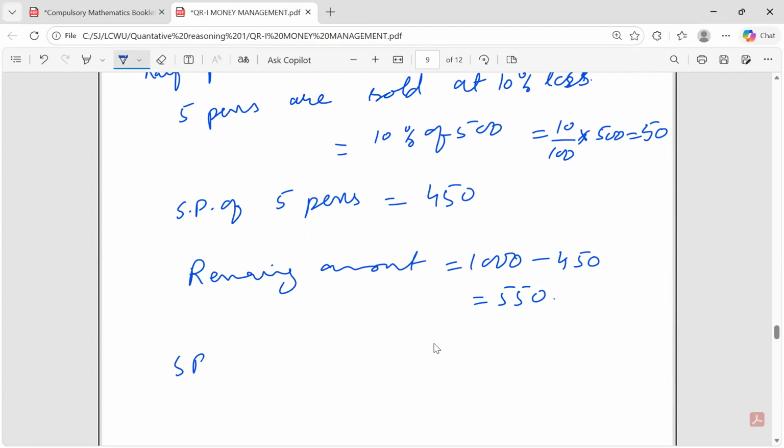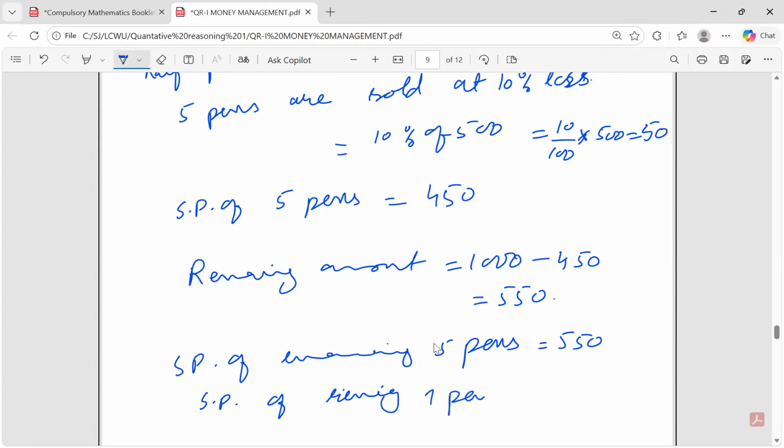So the sale price of the remaining 5 pens must be 550 rupees, and the sale price of the remaining 1 pen is 550 divided by 5, which is equal to 110 rupees.